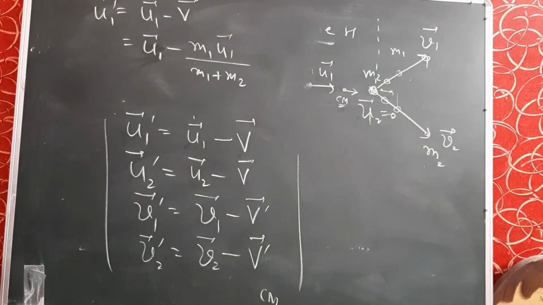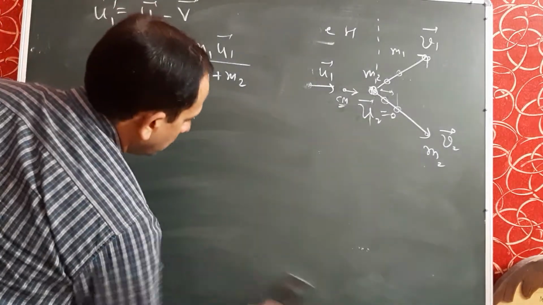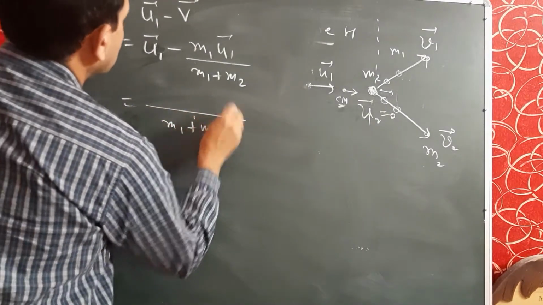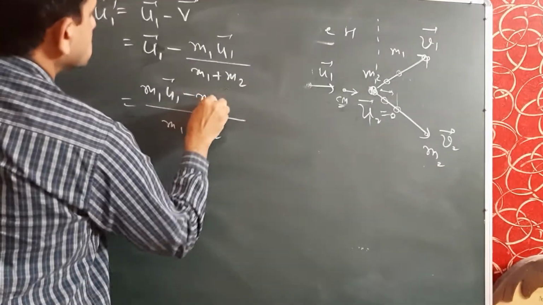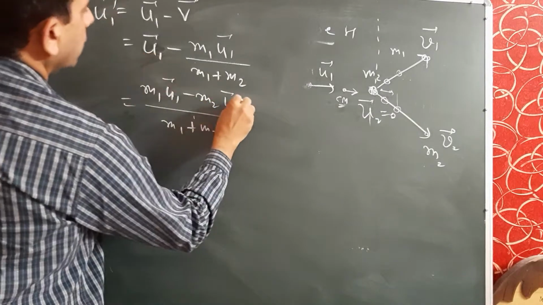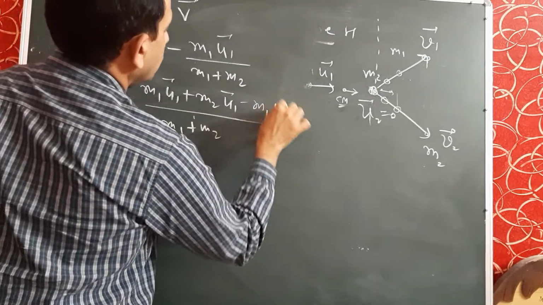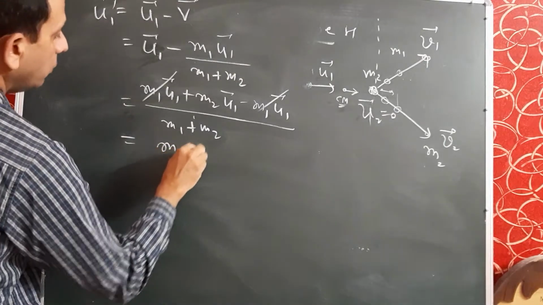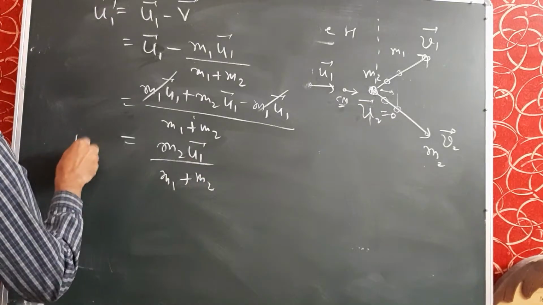I studied this in the previous lecture. On taking the LCM and solving it, it will become m1 u1 plus m2 u1 minus m1 u1 over m1 plus m2. So m1 u1 will cancel out and the remaining term is m2 u1 over m1 plus m2, which is u1 dash.